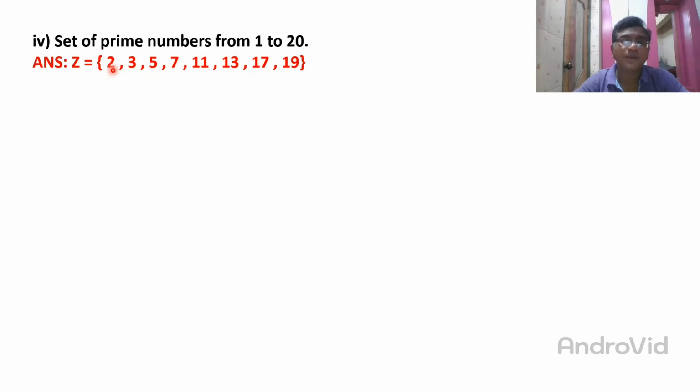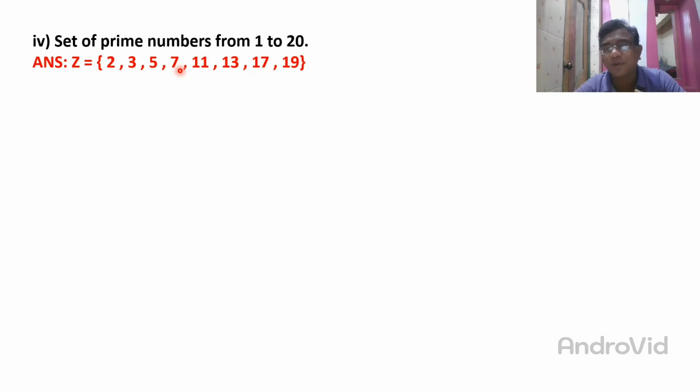See, 2 is a prime number because 2 is divided by 1 and itself. 3 is a prime number because 3 is divided by 1 and itself. 5 is prime because it is divisible by 1 and itself. 7 is prime because it is divisible by 1 and itself. 8 is not a prime number because 8 is divisible by 2, 4, 1, 8.